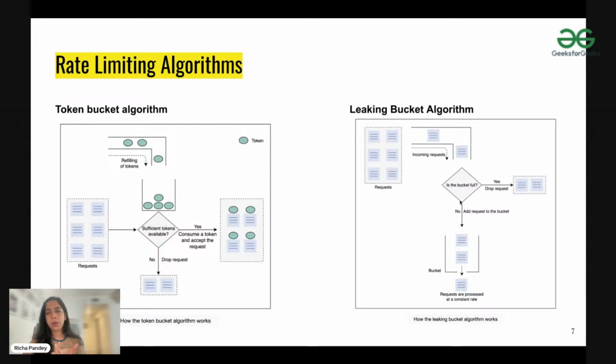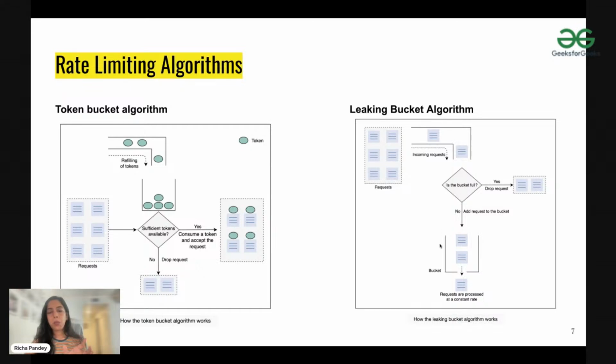So what we check here is: is the bucket full? If the bucket is full, yes, it will just drop the request. If the bucket is not full, add the request to the bucket. So the new request is being added to the bucket, and one by one, all the requests from the bucket are being fulfilled in that particular minute. So if the capacity of the bucket is 10, that will mean that 10 requests can be handled in that minute.